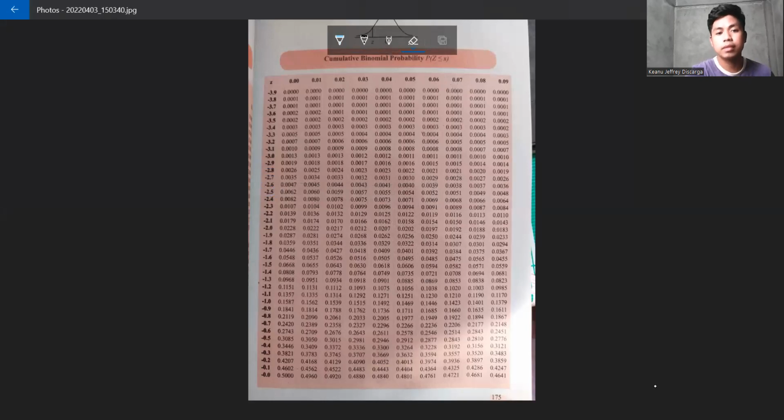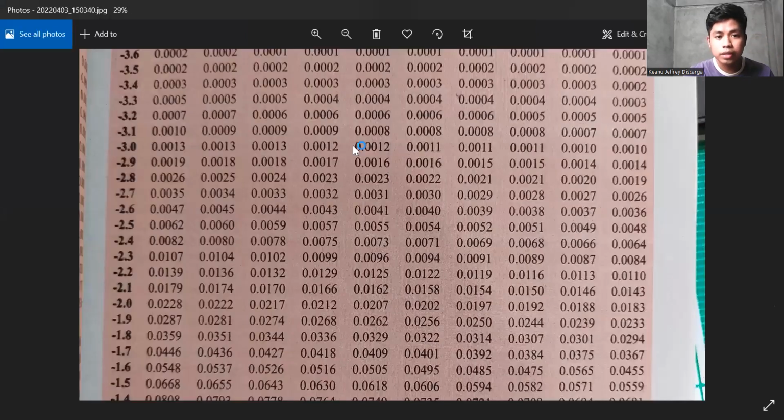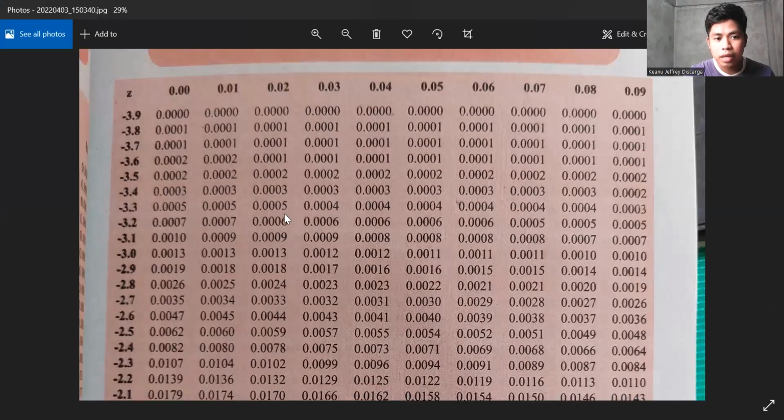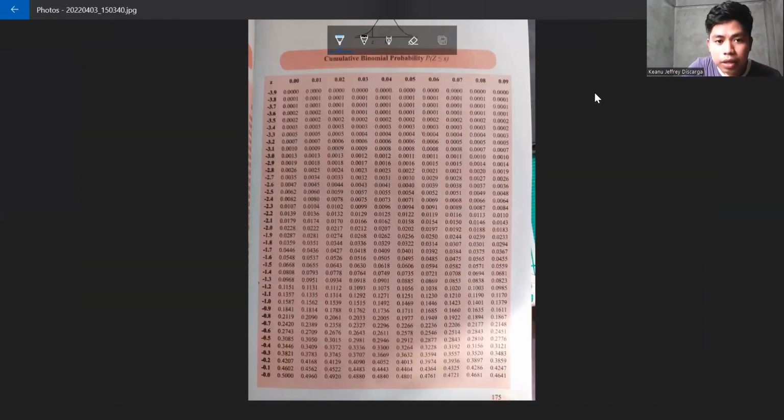0.0004, diba? So 0.0004, ayan, nandito siya. Pinagigitnaan siya ng negative 3.3 saka 0.03. Ayun o, nandun yung 0.0004.